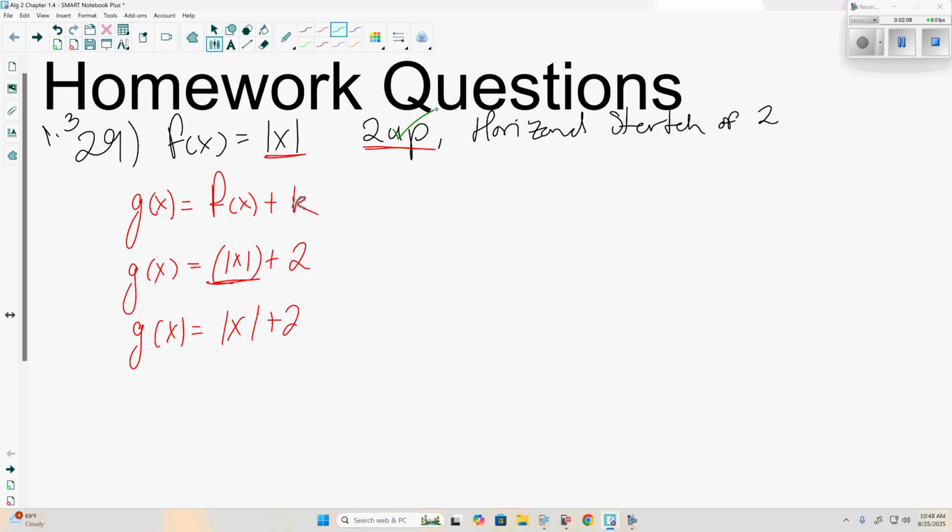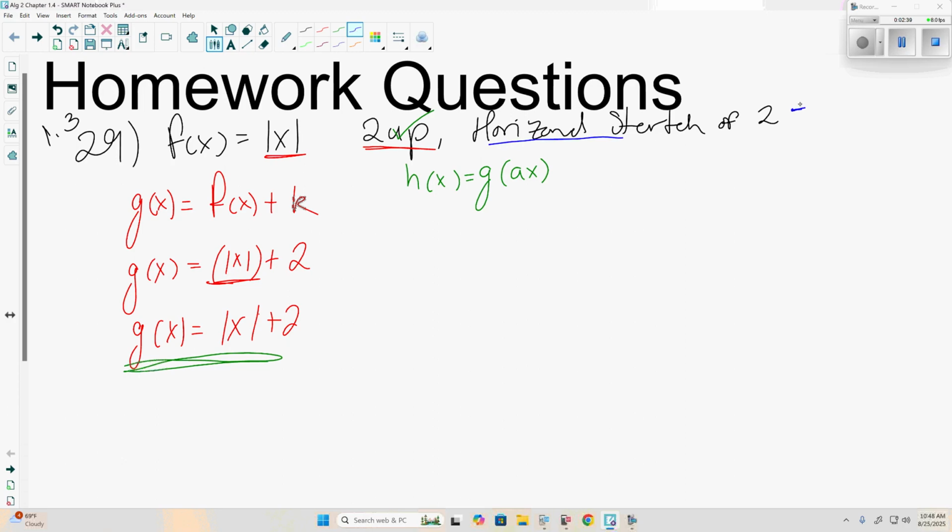Now, our next transformation was a horizontal stretch by a factor of 2. A horizontal stretch in the general form is f of a times x, which for us is going to be g of ax, because we're applying it to g of x, not f of x. And a is the amount that we stretch or shrink by. But we do have to be careful with horizontal.